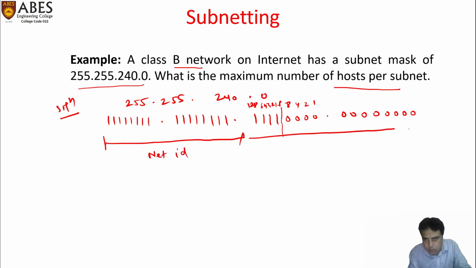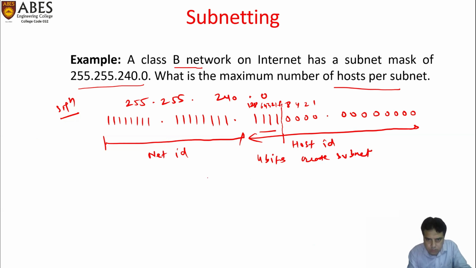The remaining two octets are used for the host ID. For creating subnets, we use the most significant bits from the host ID. So a total of 4 bits are used to create the subnets.